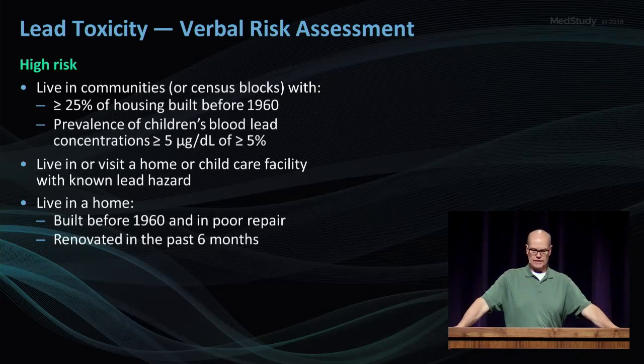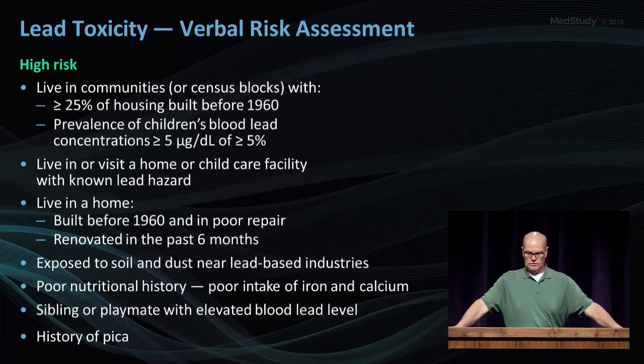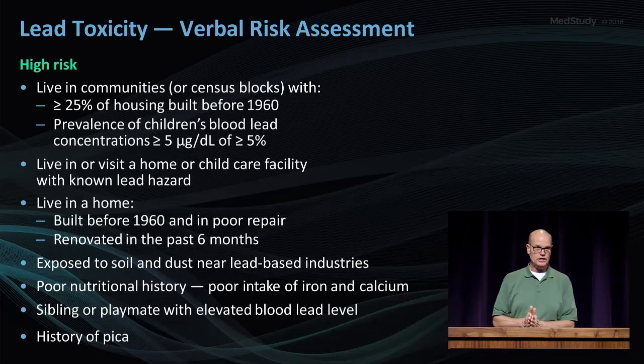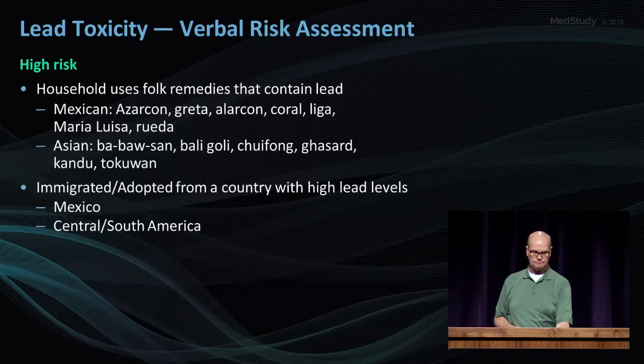So who's at high risk? Those in communities where lots of housing is older, those in communities where there's a known lead hazard, lots of local construction, certain types of factories, those who are in homes that are recently renovated, those who may have been exposed again to soil or dust, or whose intake of iron and calcium is poor, and with a history of pica.